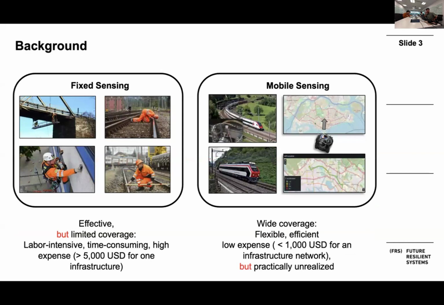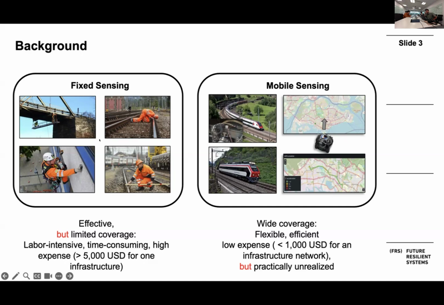In order to implement SHM on this massive infrastructure network, of course, we need to change our sensing method, because the traditional structural health monitoring paradigm is based on a fixed sensing scheme, which deploys fixed sensors on the structures.